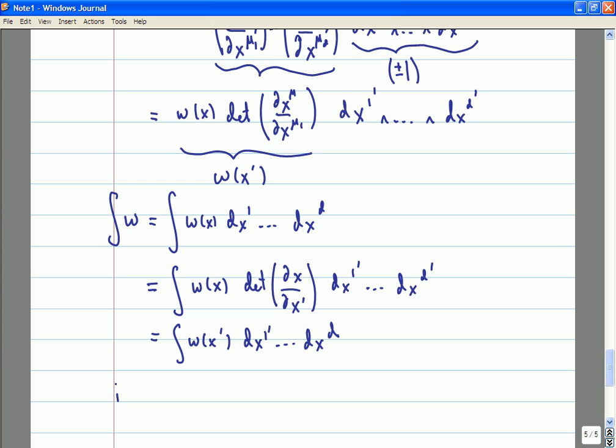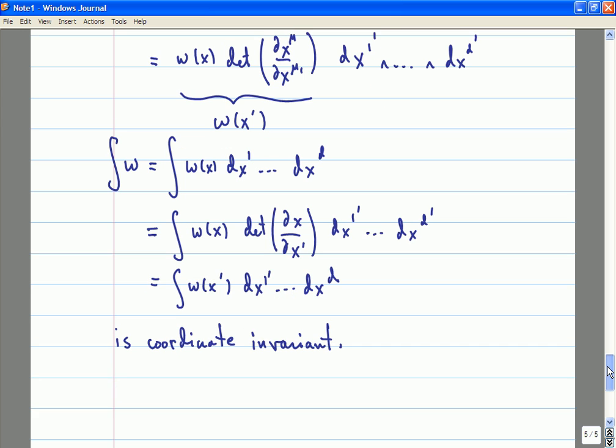So this form for the integral is a coordinate invariant definition of the integral. So the only thing that you can integrate over a d-dimensional space to obtain an expression that's independent of the coordinate system that you use to write it is a d-form.